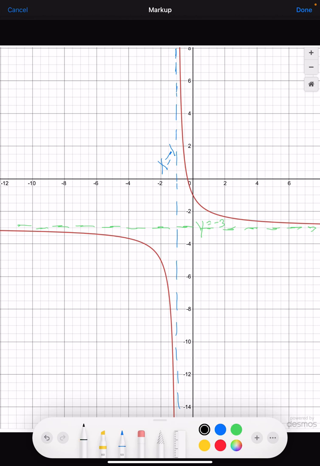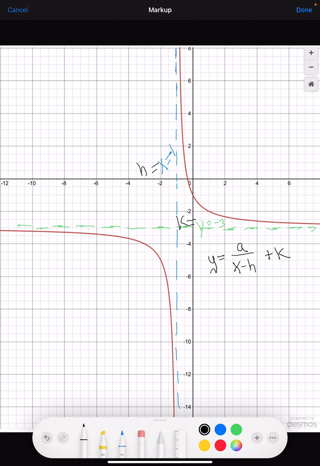Okay, so we talked about the equation with no numbers in there for our shifts. It's a over x minus h plus k. And so the vertical asymptote is your h value and the horizontal asymptote is your k value.